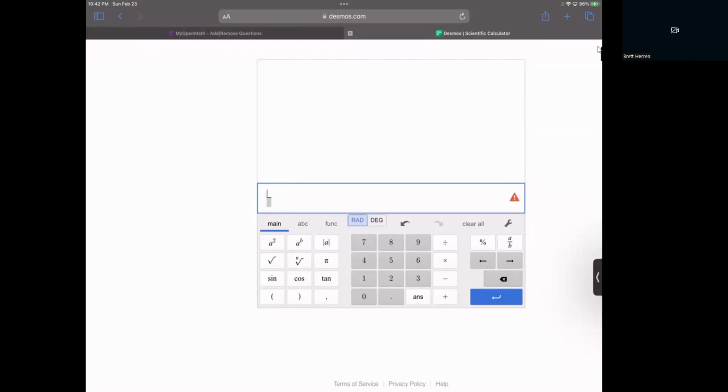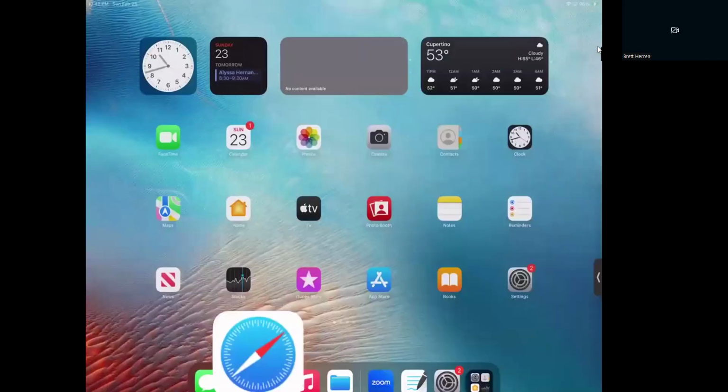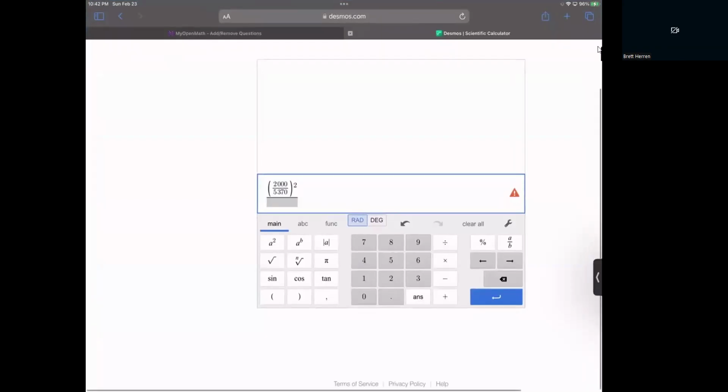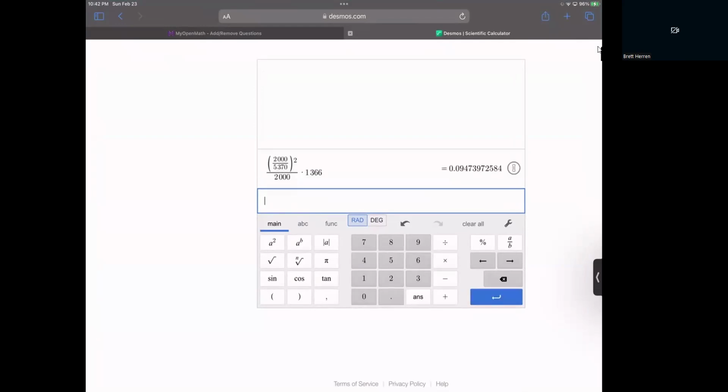Try this again. 2000 over 5370 squared. All right, now we're in business. Over 2000 times 1366. Boom, 0.0947.